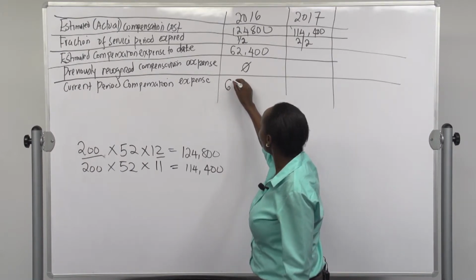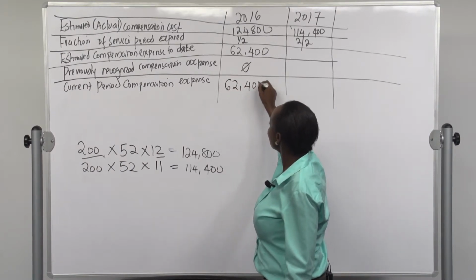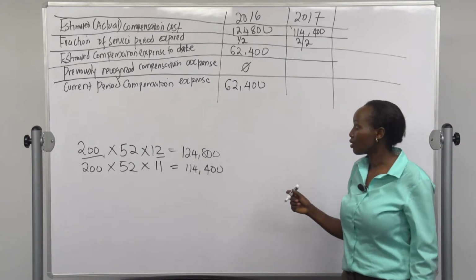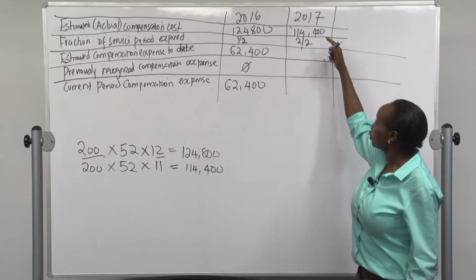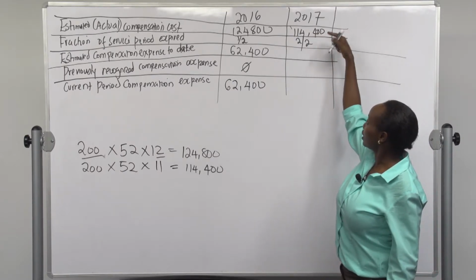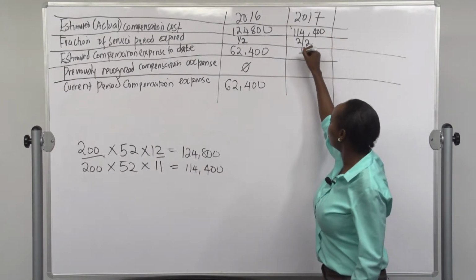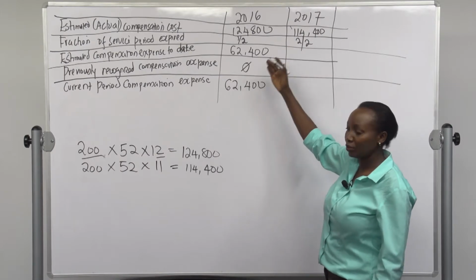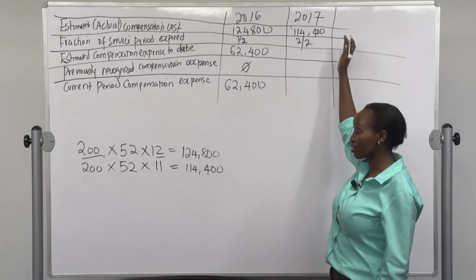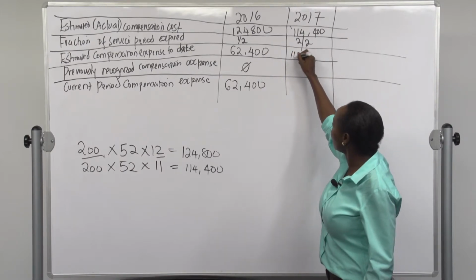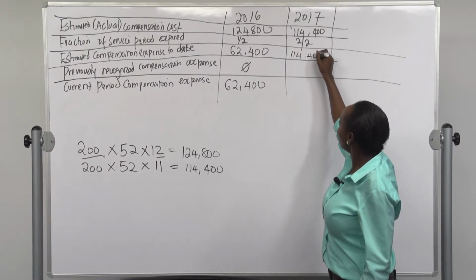So we take 62,400 and subtract 0 for previously recognized compensation, so the compensation expense for 2016 is 62,400. For 2017, we take 114,400 and multiply by 2 out of 2. The total compensation to date for 2016 and 2017 is 114,400.